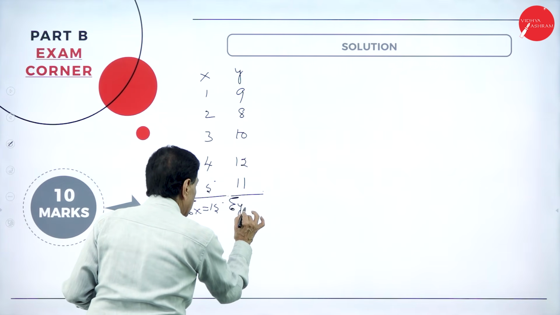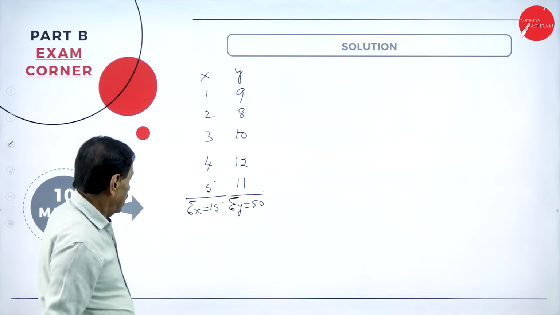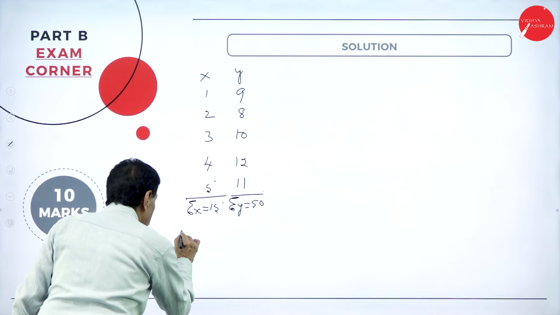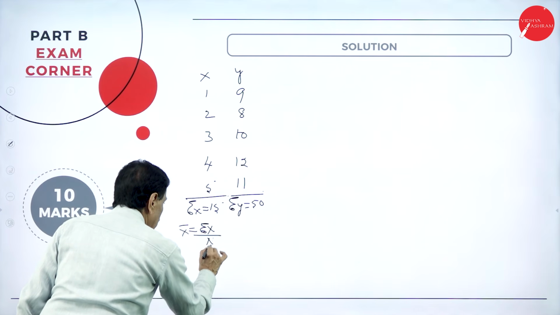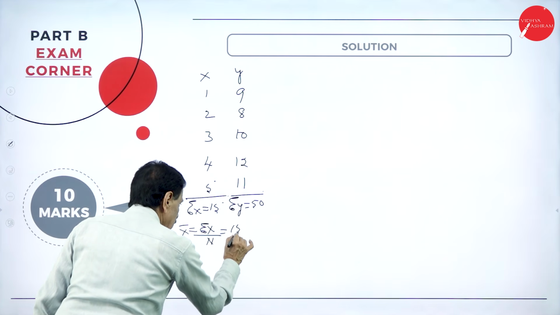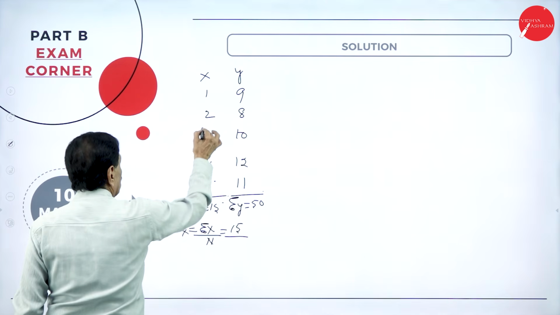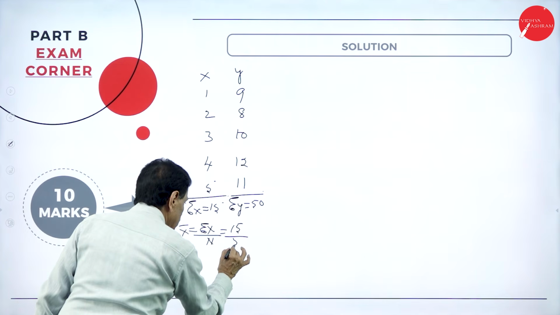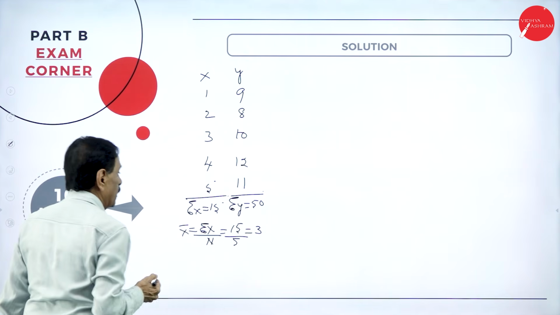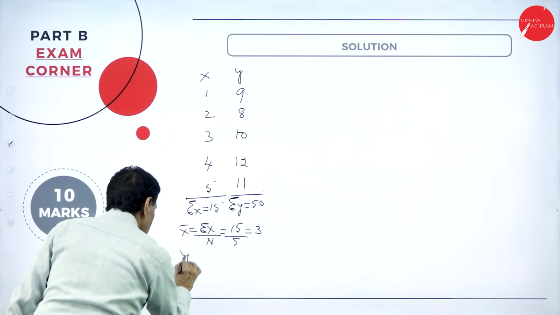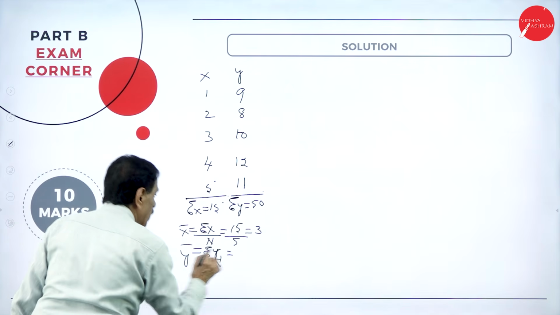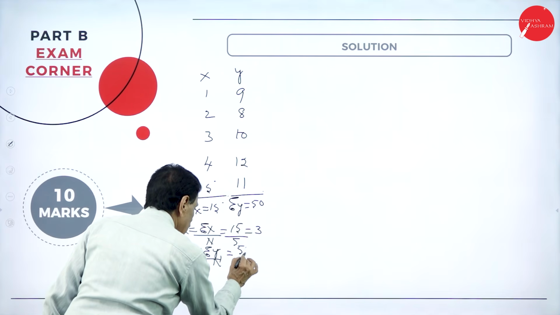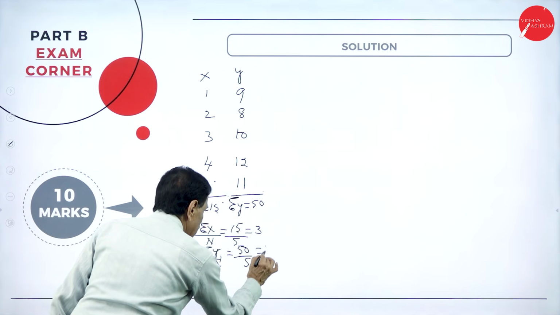Sigma y is equal to 50. Then x mean is equal to sigma x divided by n. 15, how many items are there? 1, 2, 3, 4, 5. This is 3. y mean is sigma y divided by n, 50 divided by 5. This is 10.